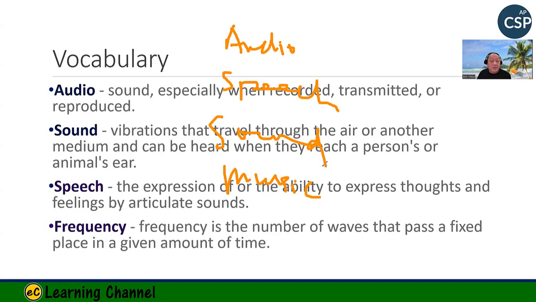So first, what is sound? Anything you hear is called sound. So what is audio?